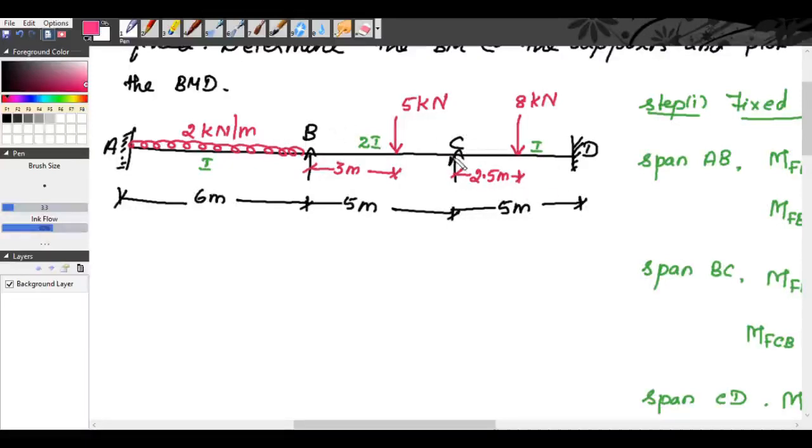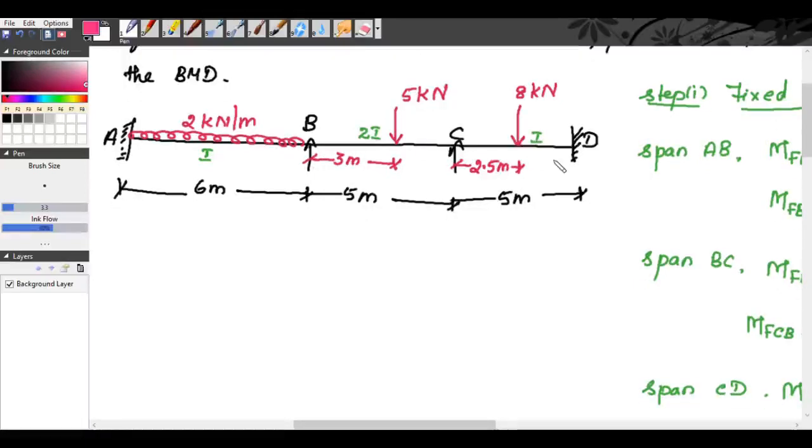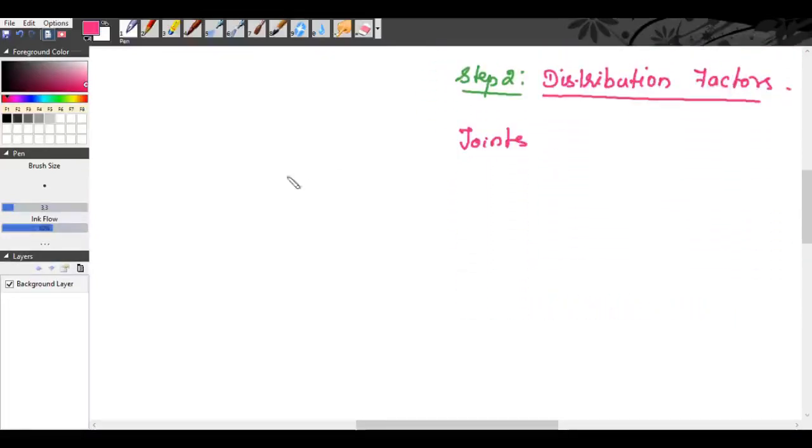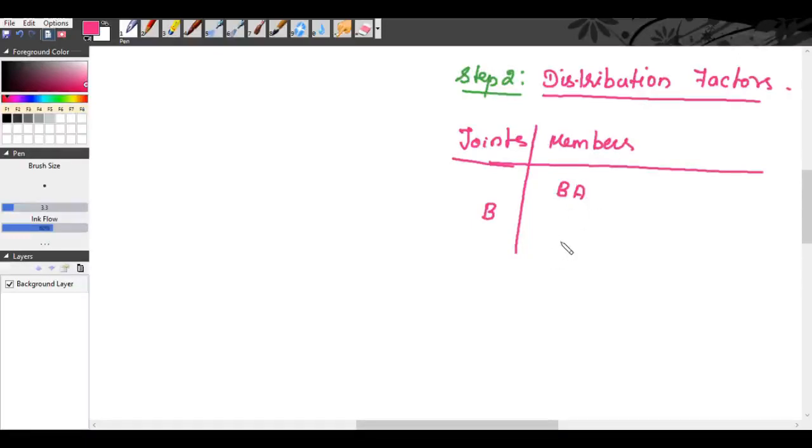We have B and C as the intermediate joints. At B, we have members BA and BC. At C, we have members CB and CD. So we will write our joints: we have two joints, one is B. The members at joint B are BA and BC.